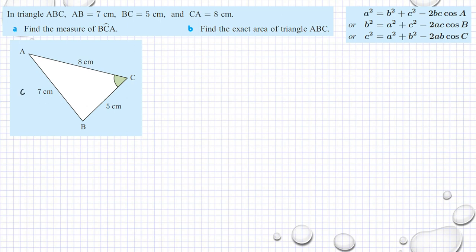So we have our C here and we have B here and we have A here. What we need is C, so we need C squared is equal to A squared plus B squared minus 2AB cosine C.